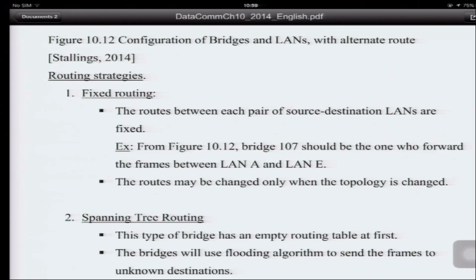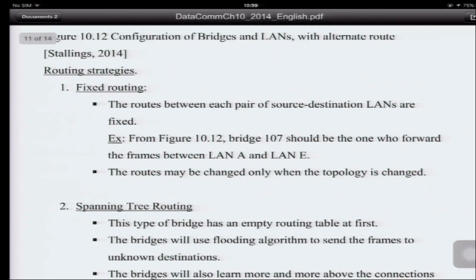Let's look at the routing strategies. The first one is fixed routing. For fixed routing, the routes between each pair of source and destination LANs are fixed. We can do least cost routing, like Dijkstra or Bellman-Ford, to find the best route between a source and destination. After you find it, you will not change it.